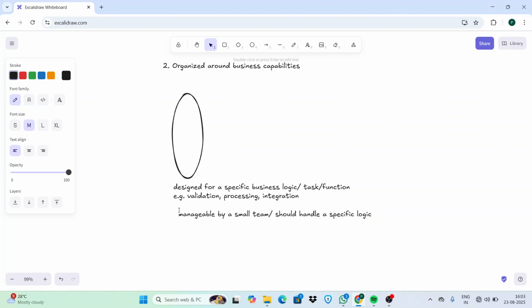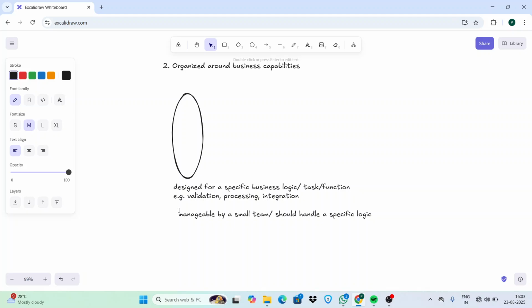No, split the system based on the business capabilities, and the team size for one microservice should be a two pizza team.